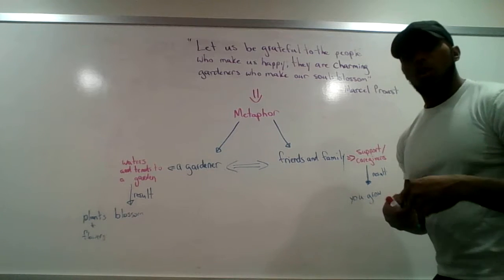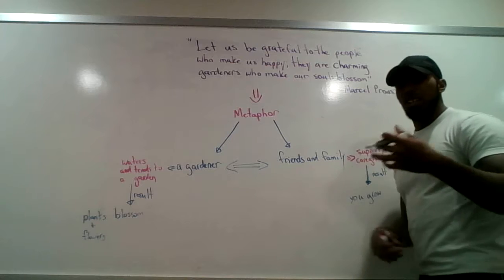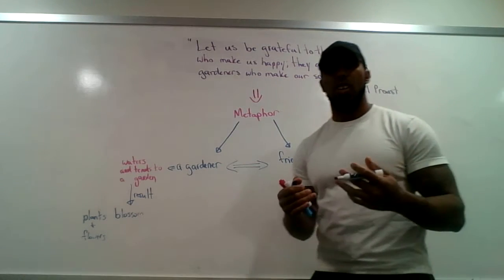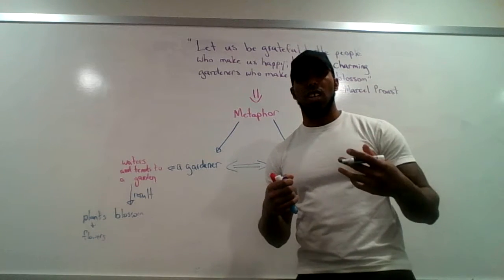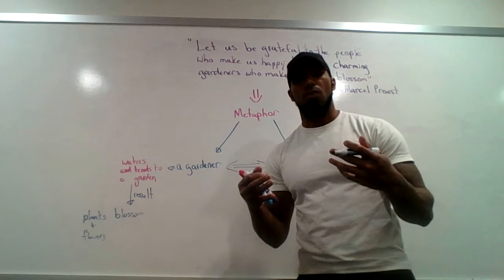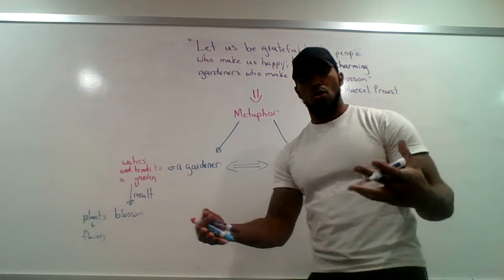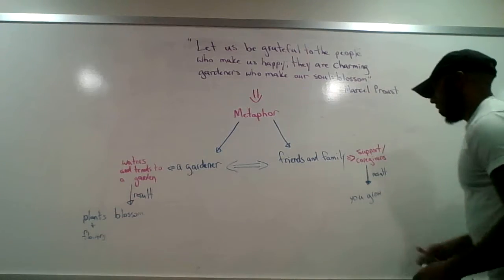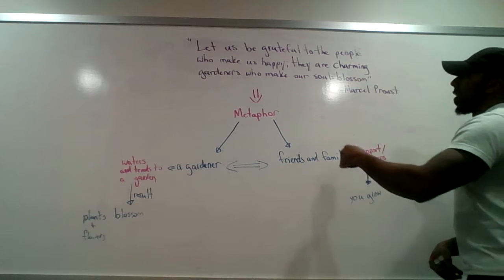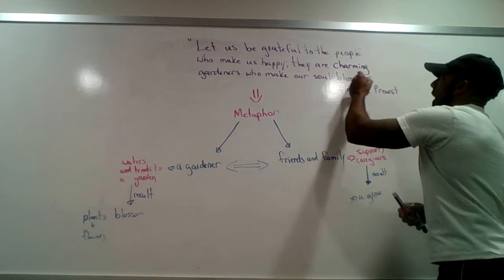Now, why this is so effective is that Proust blends this vocabulary together. He chooses his words very carefully in order to evoke a certain feeling or to strengthen that metaphor between a gardener and your friends and the flowers and you, and your soul. Your soul grows or you grow. How he does that is his use of the word blossom.